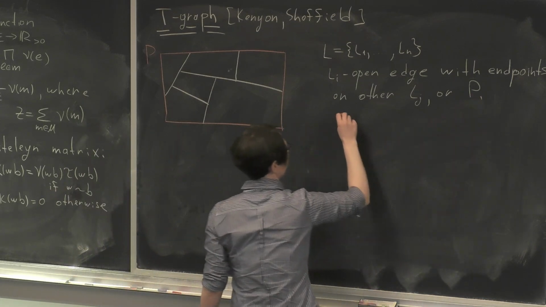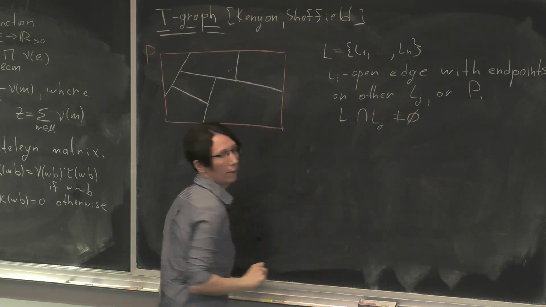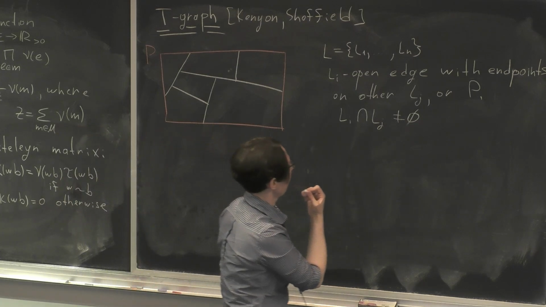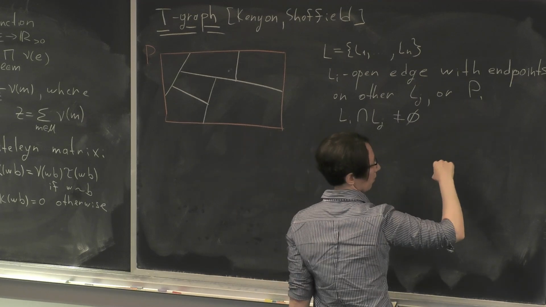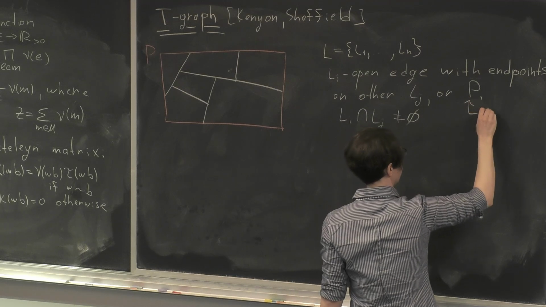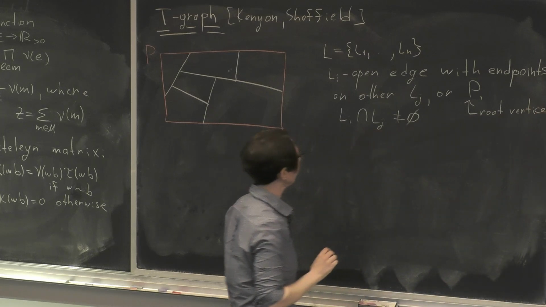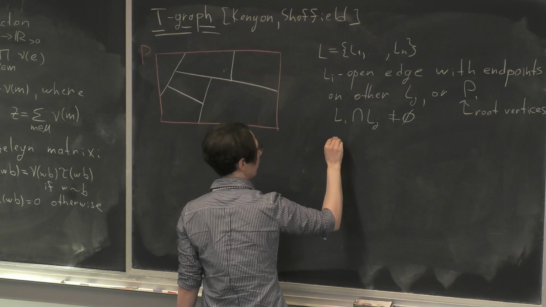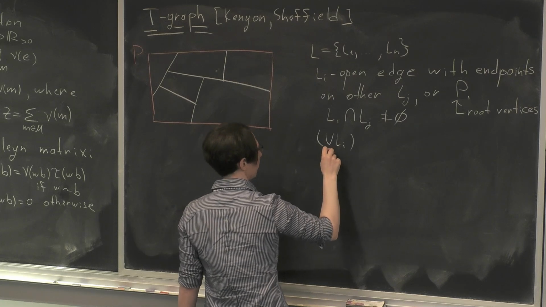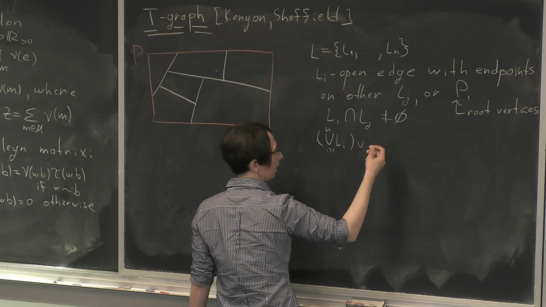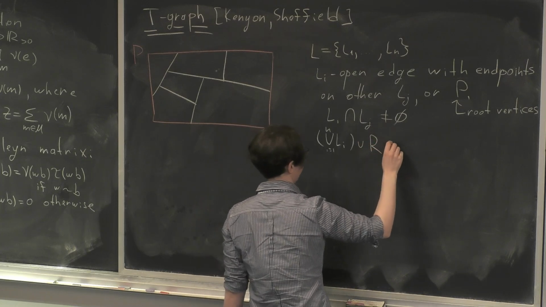Also we ask that those edges do not intersect. And let us call endpoints which live on the boundary, on our polygon, root vertices. And then the last condition is that if we consider the union of those open edges from i equal 1 to n together with the root vertices, then this is a closed set.